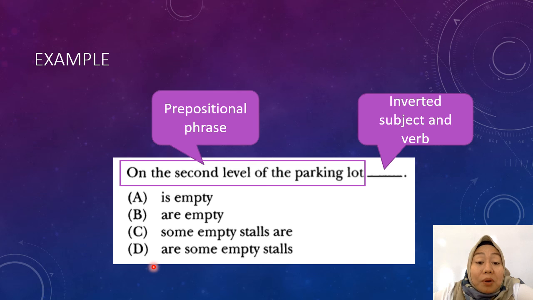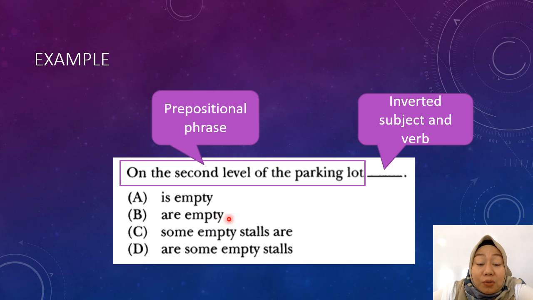But remember, if we have subject and verb, we need the complement or the object to make the sentence complete. If there is no complete sentence, it's probably the subject and verb are inverted. Here, we have on the second level of the parking lot is empty. It doesn't have the subject, right?